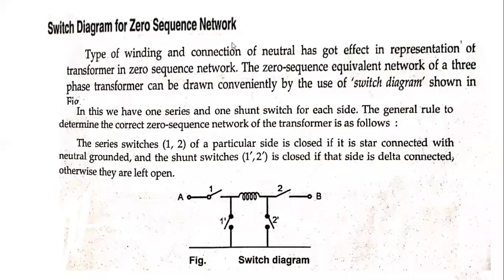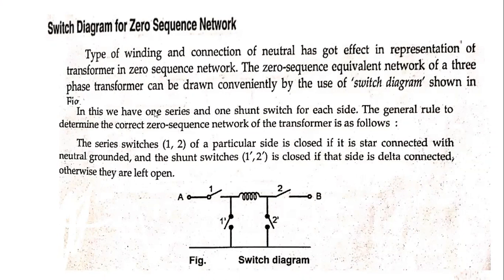Therefore, the zero sequence equivalent network of a three-phase transformer can be drawn conveniently by use of switching diagrams. This is the zero sequence equivalent network of a three-phase transformer using the switching network.